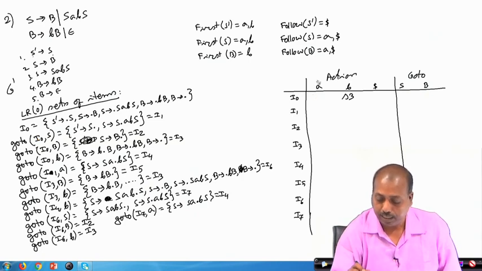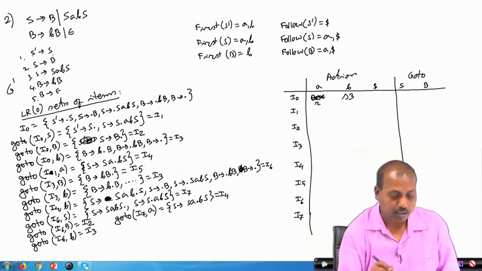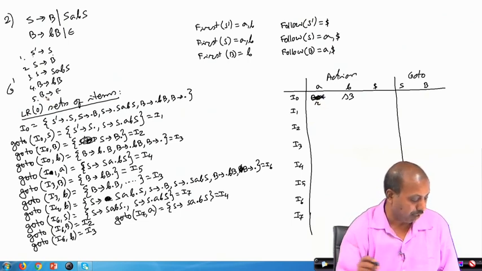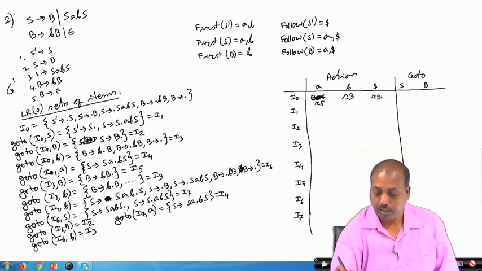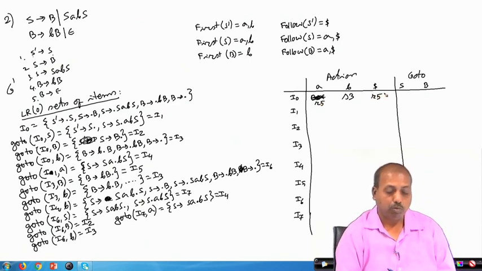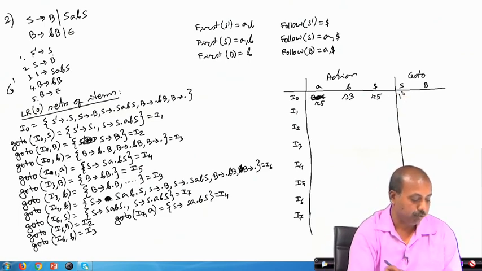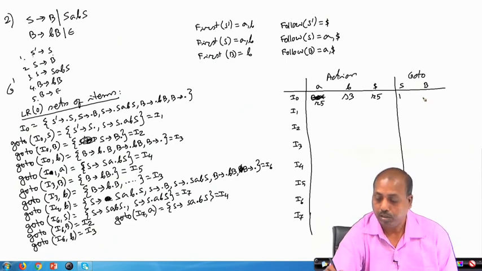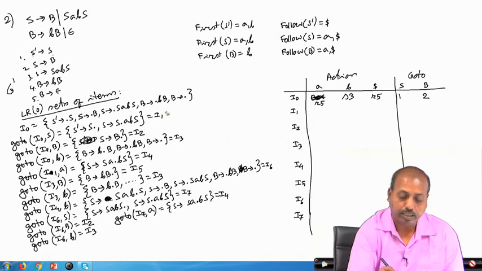So, there I should add reduce by rule number 5, B producing epsilon. So, reduce by 5 under a and under dollar. Go to I 0 on S is I 1, so this is 1. Go to I 0 on B is I 2, so this is 2.